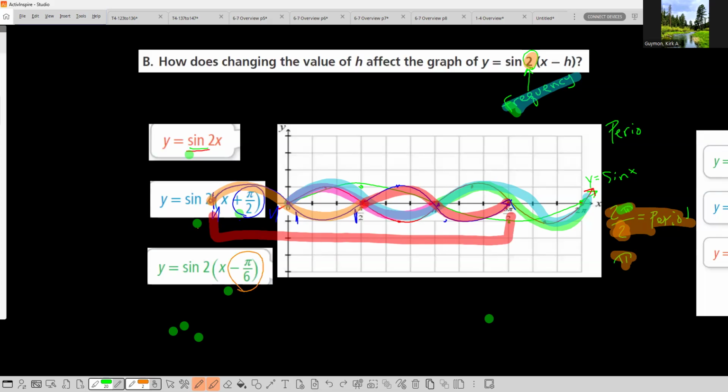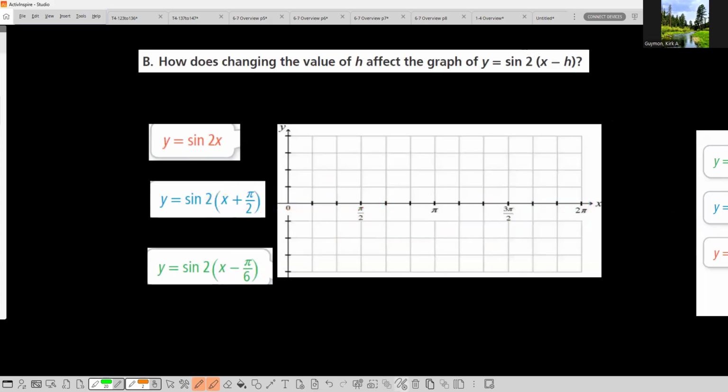Gets a lot on the 1 graph. Could clear this up. And again, I'm just doing the sine graph as my reference. So I'm going to go 0, high point, low point. That's the sine.